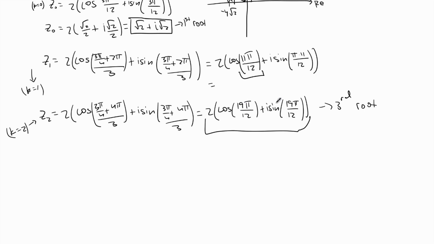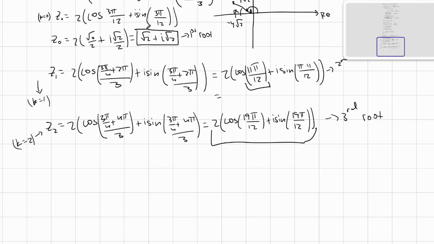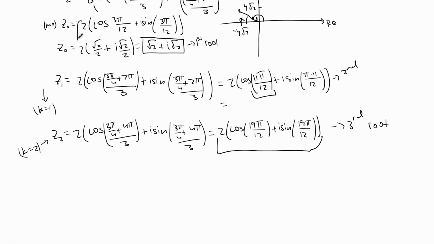So here is our third root, here is our second root, and this is our first root. These two are our first root, just expressed in different forms. But in polar form, this is the first root, this is the second root, and this is the third root. And this is how you find the nth root of complex numbers.